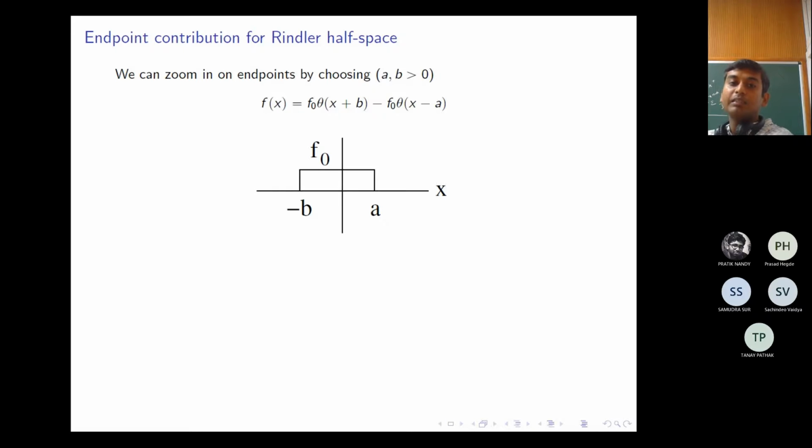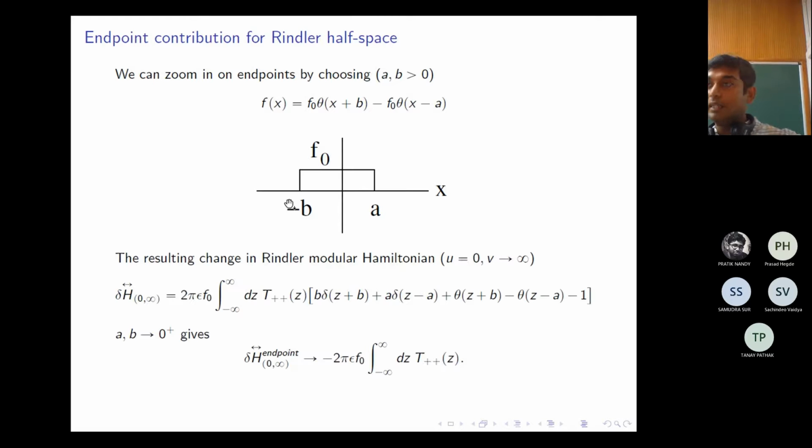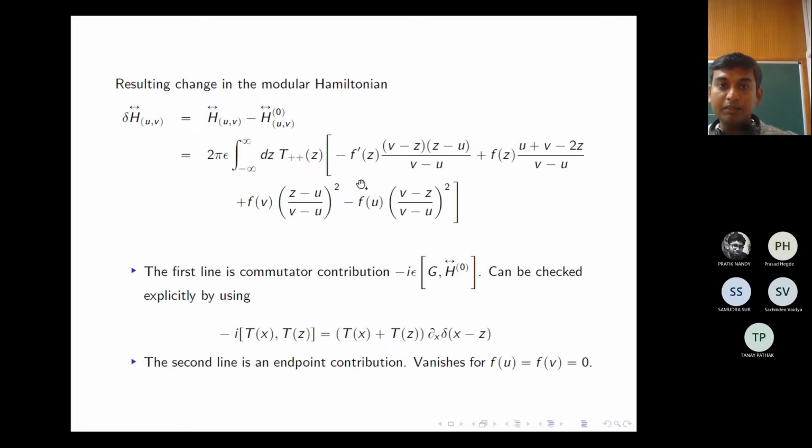It's not necessary, but it doesn't matter in this case, to be some constant function across the endpoint. So this point here is x equal to 0, and I have taken this f to be some constant across minus b to a, where b and a are positive numbers. Then you can write down this expression here.